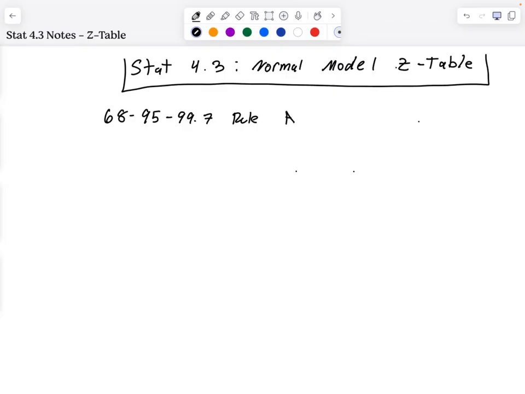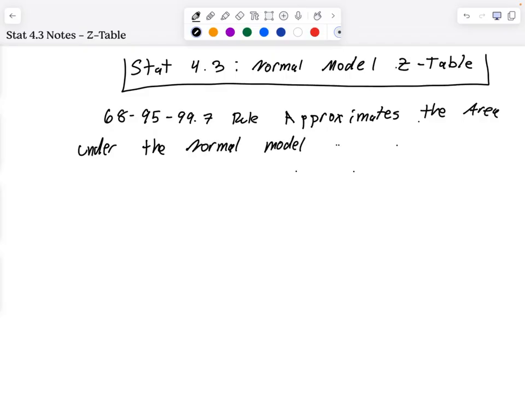This rule approximates the area under the normal model for z-scores of -3, -2, -1, 0, 1, 2, 3.